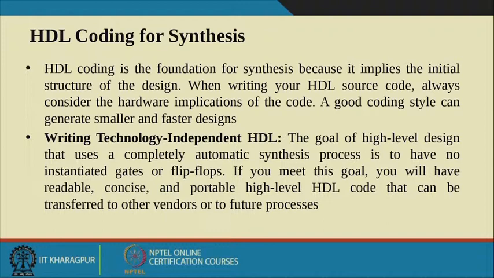You have to write the corresponding HDL code independent of the technology, that is, in a generic way. If I code in gate-level representation, using AND gates, OR gates and some other gates, it becomes too technology dependent.